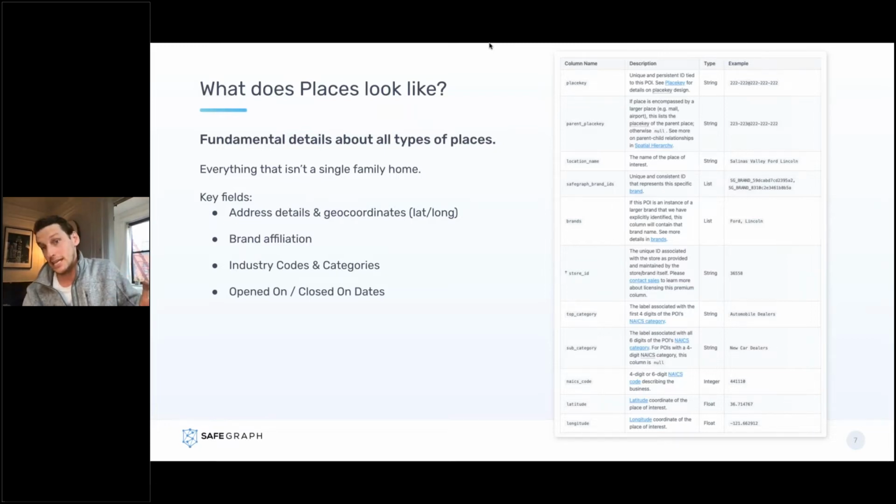If you don't have clean categories, then it can be difficult, if not impossible, to make clean queries or to query the data at all. And then opened on and closed on dates. If a location is no longer open, that's something certainly we want to be aware of, as we want to be aware of when it opened in general.